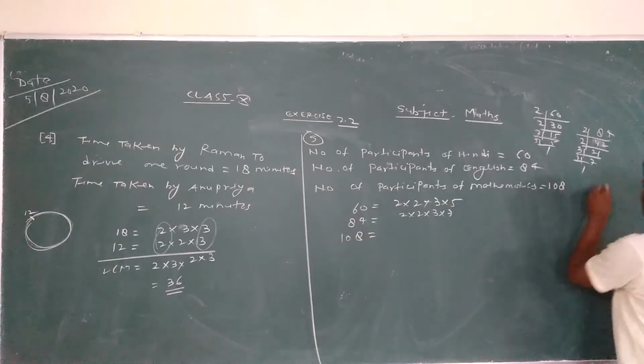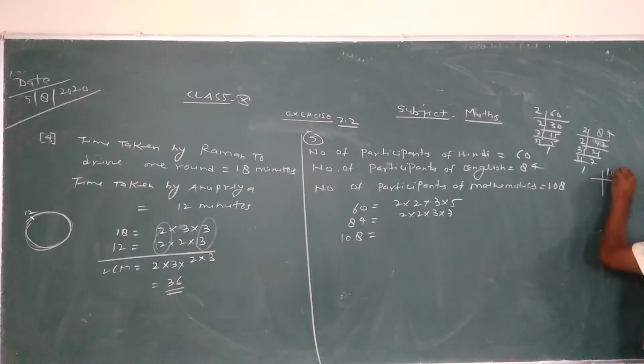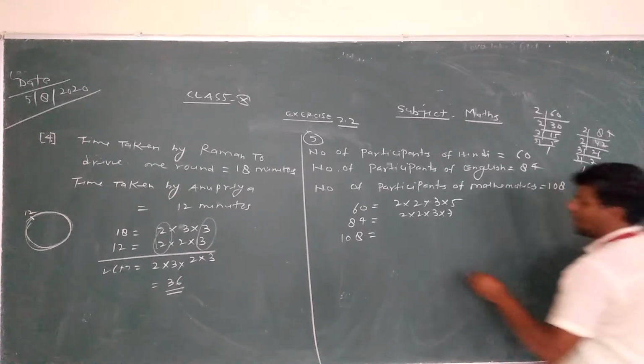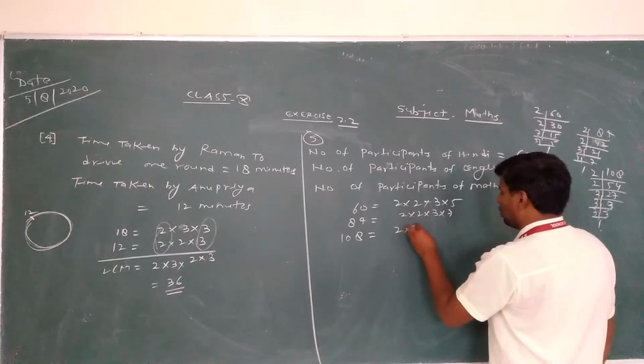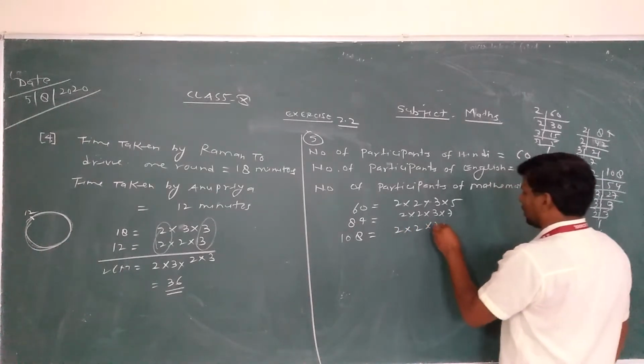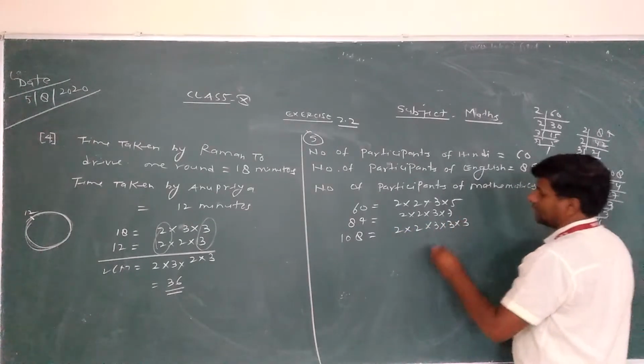Then 108: 2, 54, 2, 27, 3, 9, 3, 3, so we have 2 into 2 into 3 into 3 into 3.